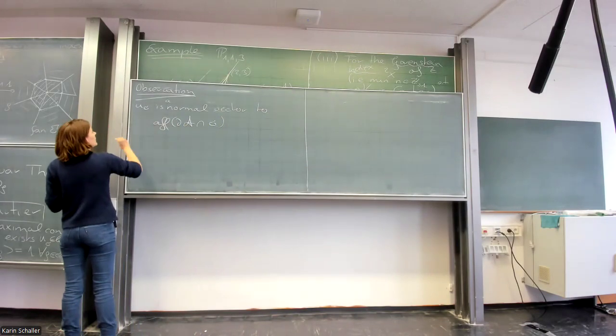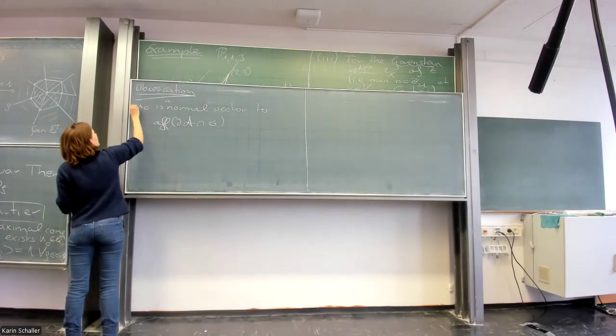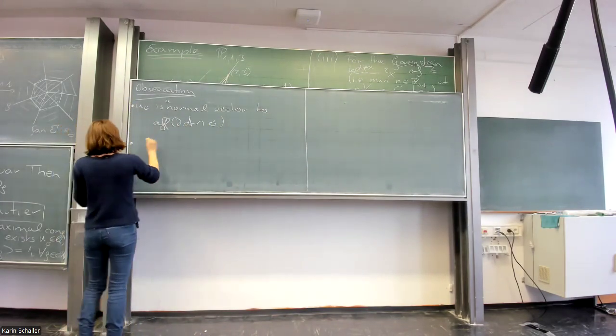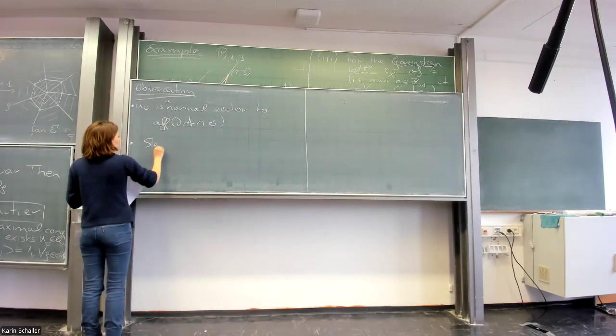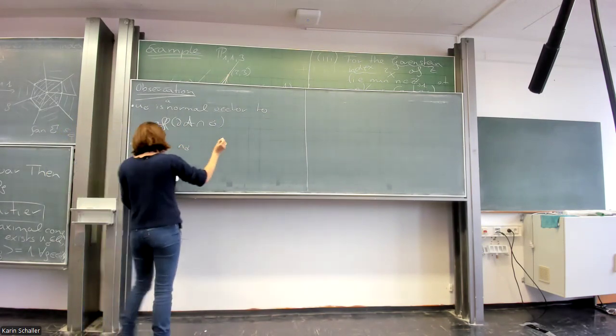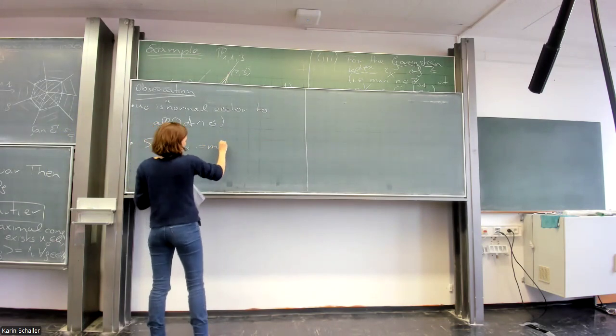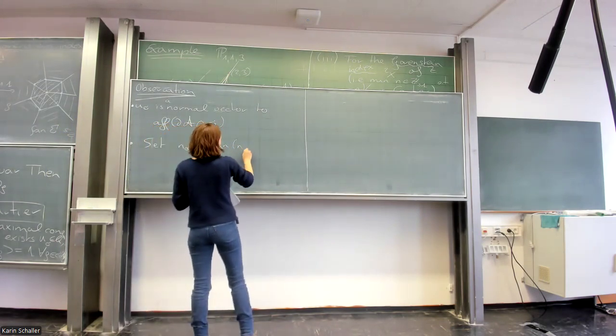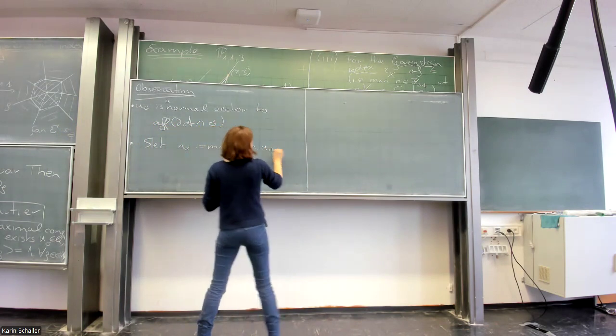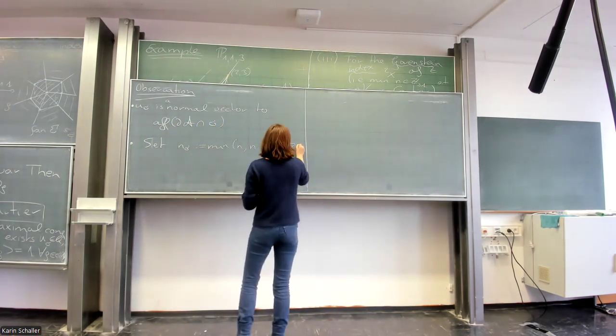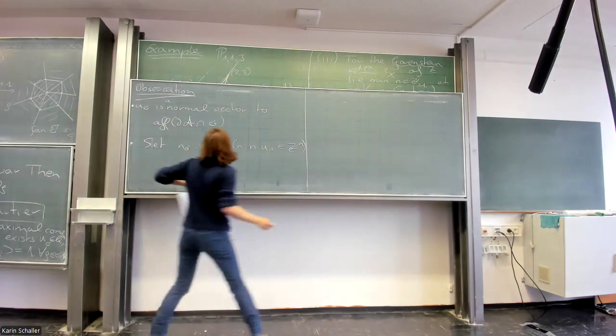So now, this is our first observation. Now we set n_sigma to be the minimum of all n such that n times u_sigma is actually in Z^2.